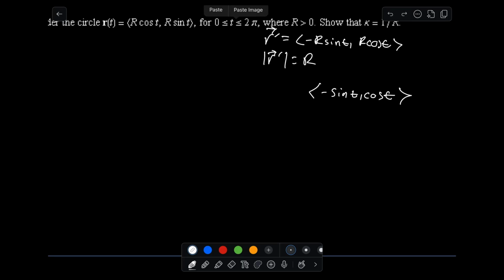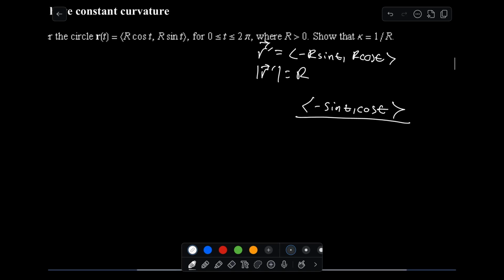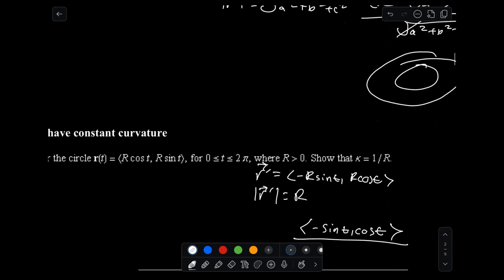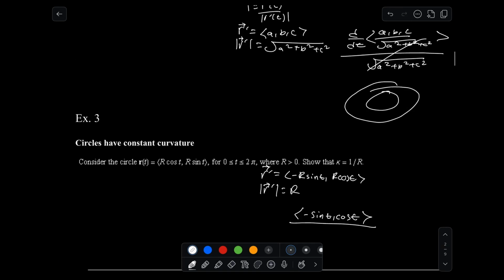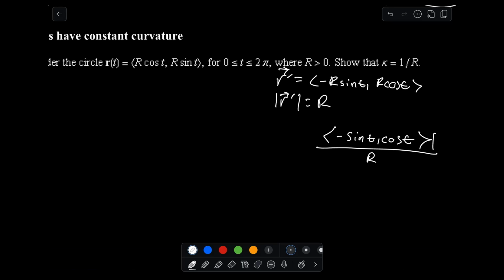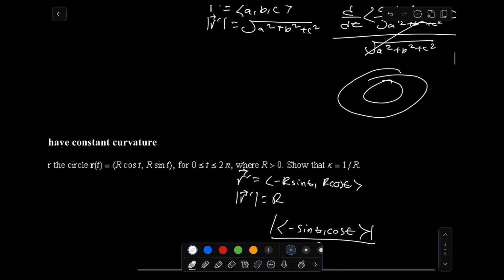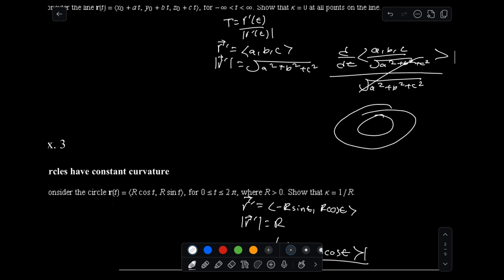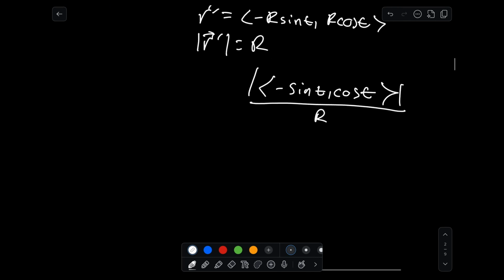And then you can divide that by the magnitude of r prime of t. You need to take the magnitude of this as well, which gets you to just be 1 over r. That's your kappa.